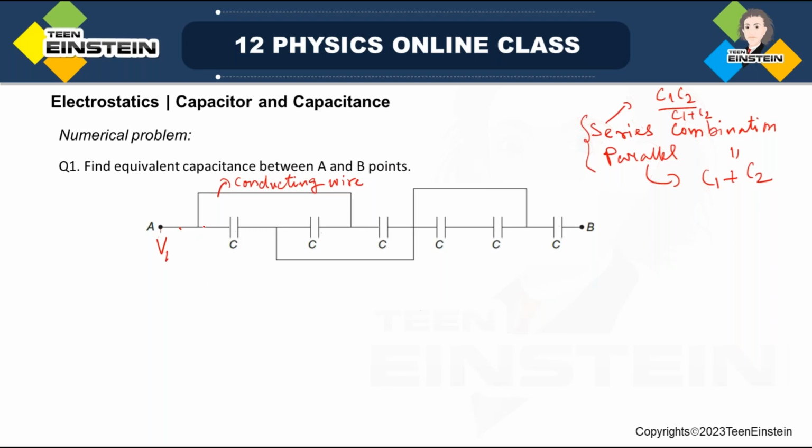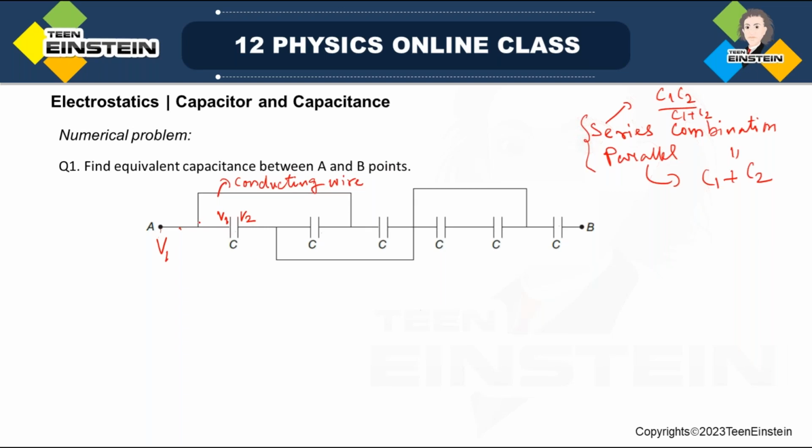This is a conducting wire going up to here. So that means this plate will be at potential V1, just this plate. I'm writing it here. So the first plate is at V1 potential, and the second one obviously will be at some other potential. Let me take this as V2.